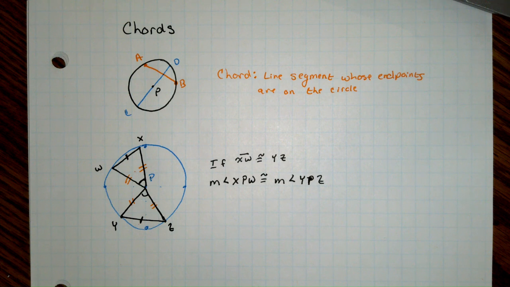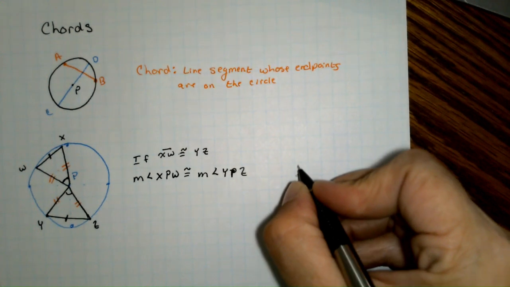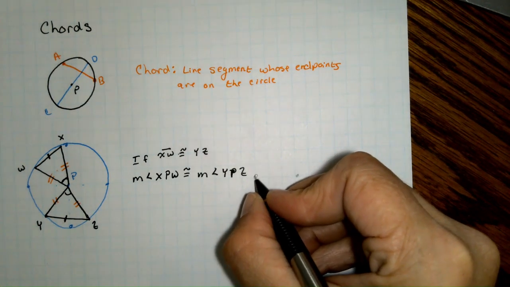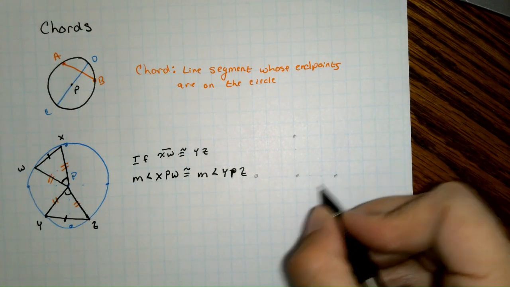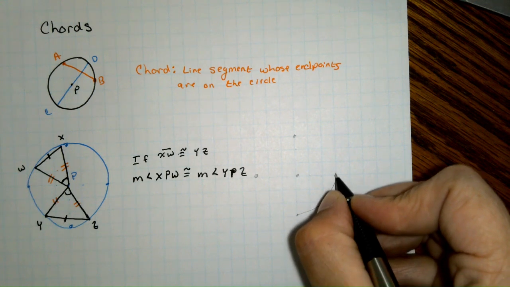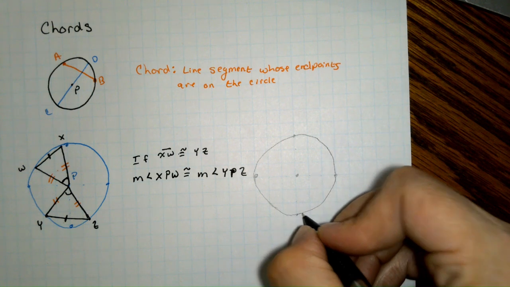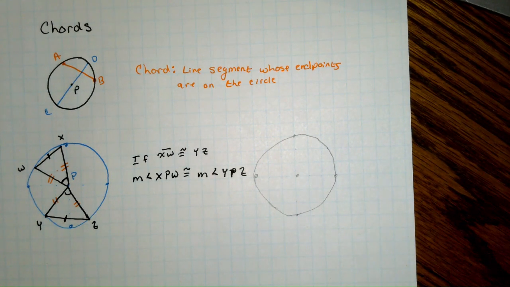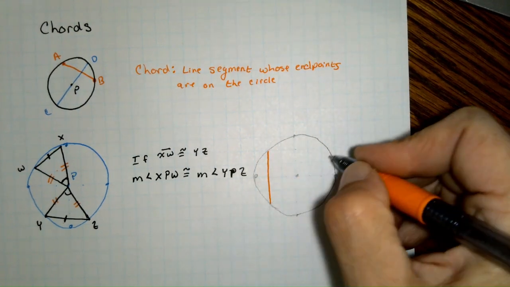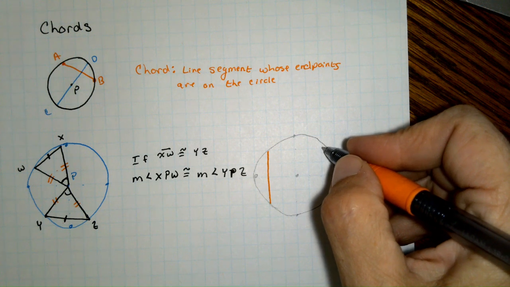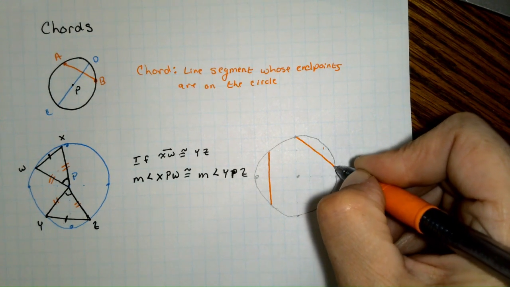Rough circle. Graph paper makes circles a little bit better. So what about if I look at this and this?